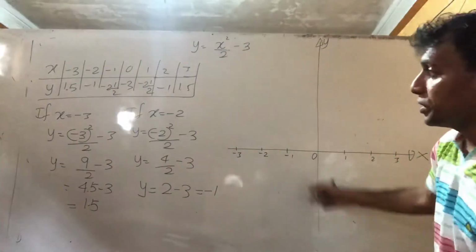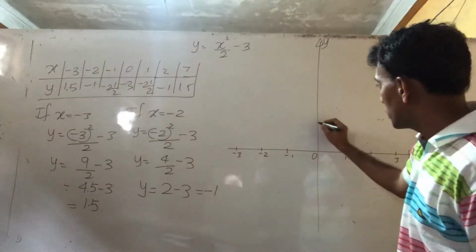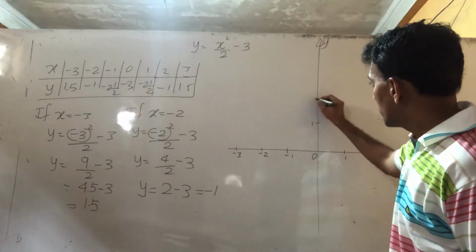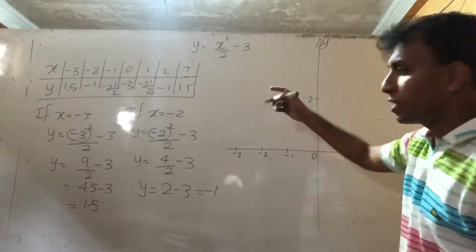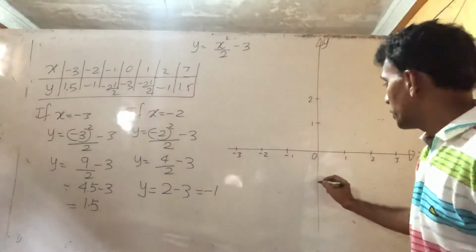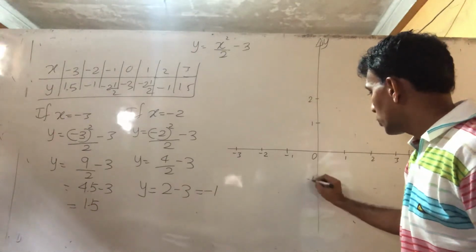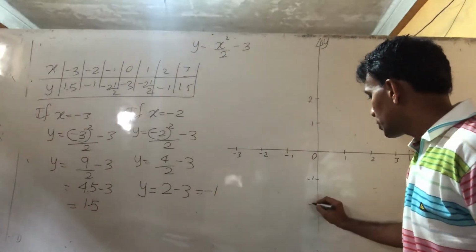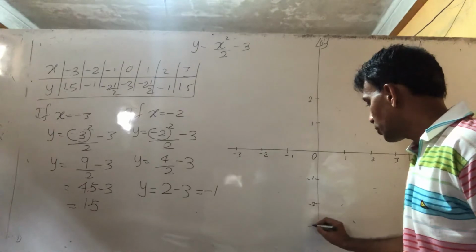You need the minus 3 mark downwards here. Upwards 1, 2, 1.5 only. What is below? Minus 1, minus 2, minus 3.